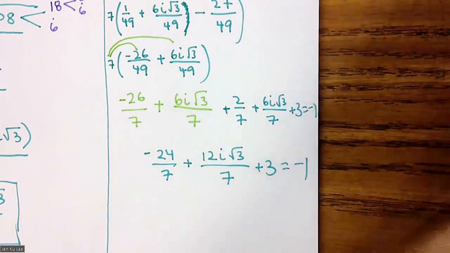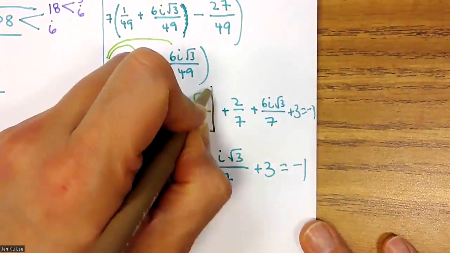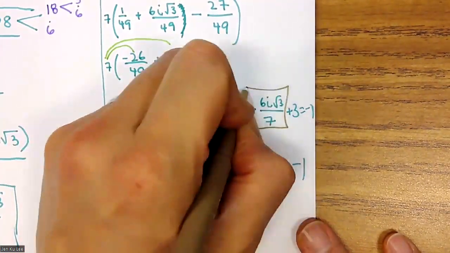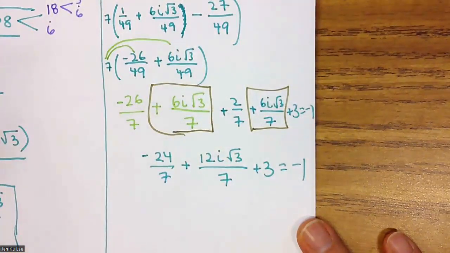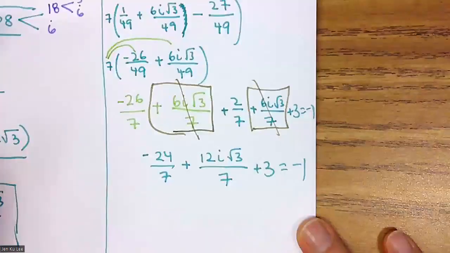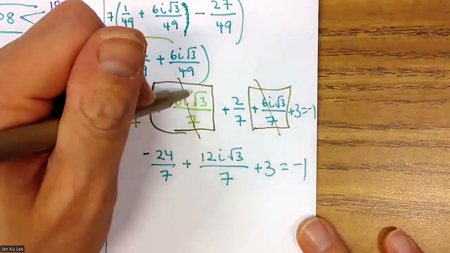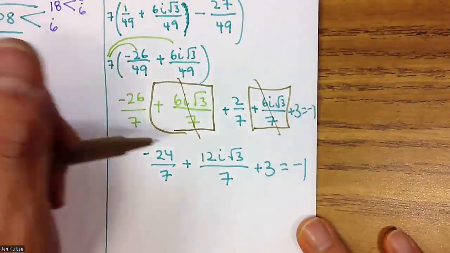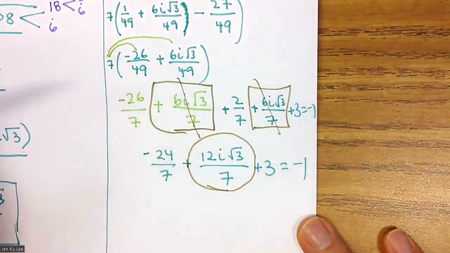And class, right here, since these two guys do not cancel out, they're both pluses, right? It's not going to work out. Yeah, they do not cancel out, right? So you're going to be stuck with this, correct?